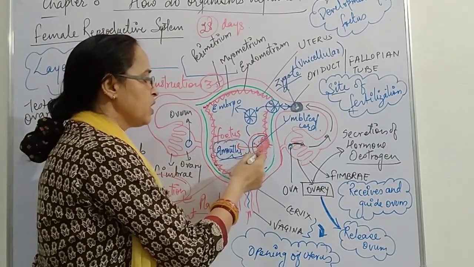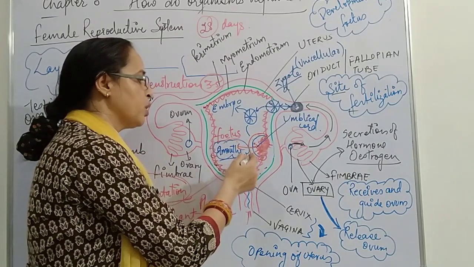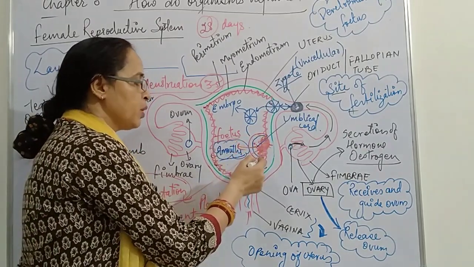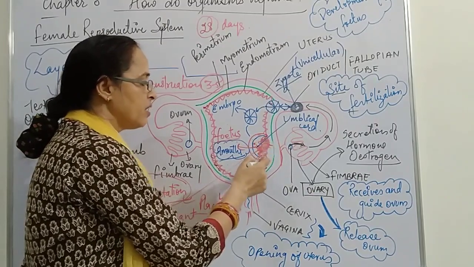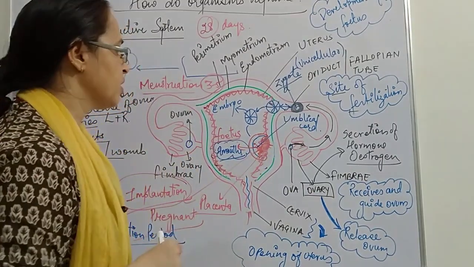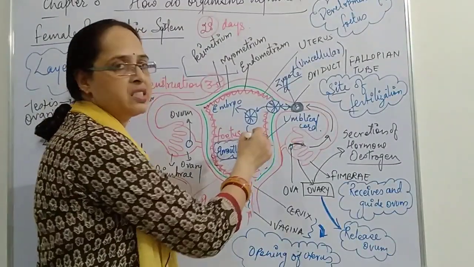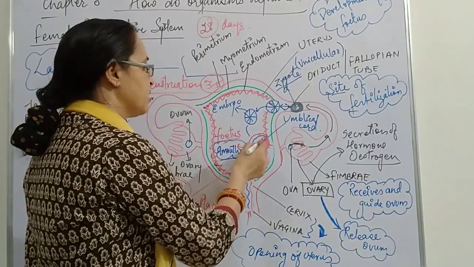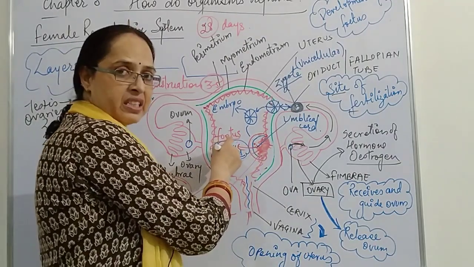When it attaches to the uterus wall, the endometrium, or inner lining of the uterus, covers the embryo. A thick wall in the endometrium results in the formation of the placenta. The umbilical cord is formed. Then this complete structure is the fetus.